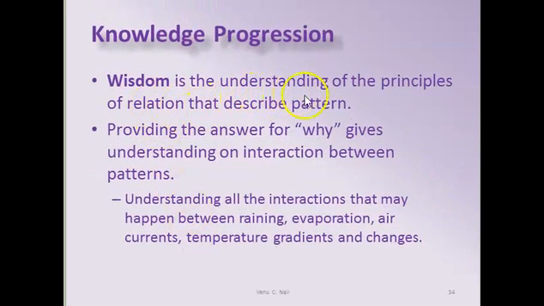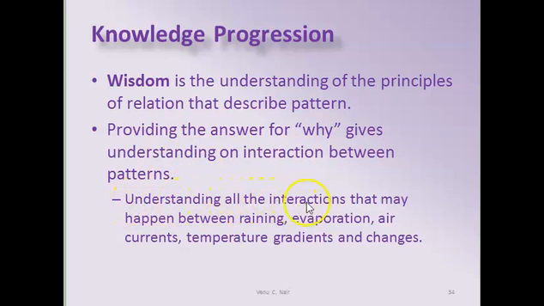Wisdom is the understanding of the principles of relation that describe pattern. The principle behind the knowledge is understood and then it becomes wisdom. Providing the answer for why gives understanding or interaction between patterns.